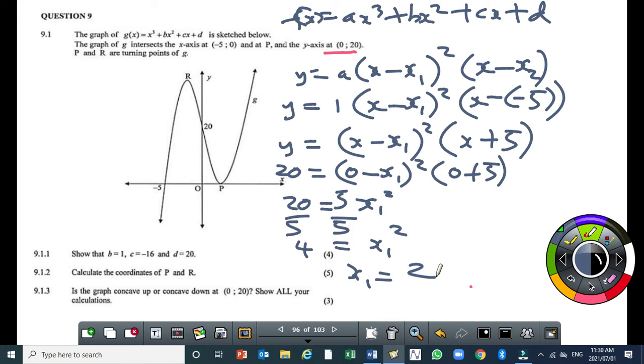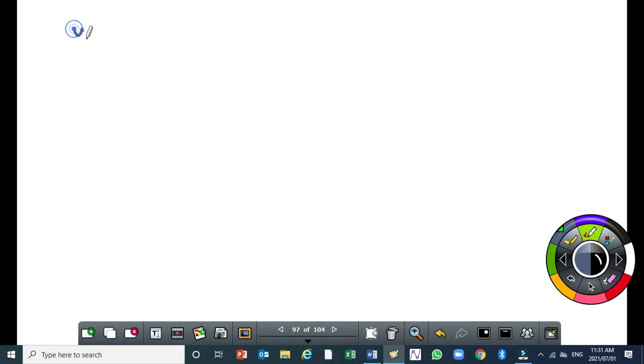Once we know what x1 is, it becomes a piece of cake. So let's go to the next page. Then we can write y equal to 1 times x minus 2 squared times x plus 5.